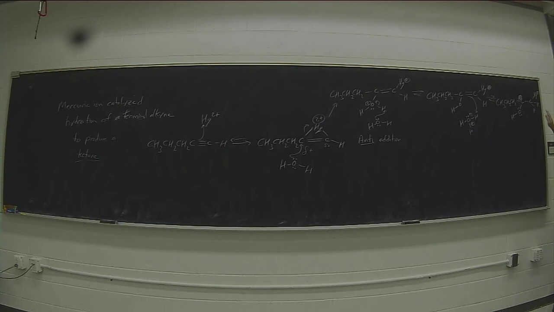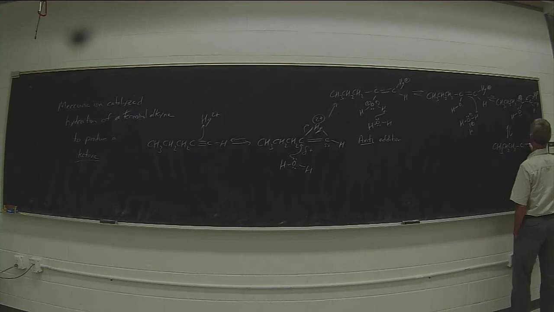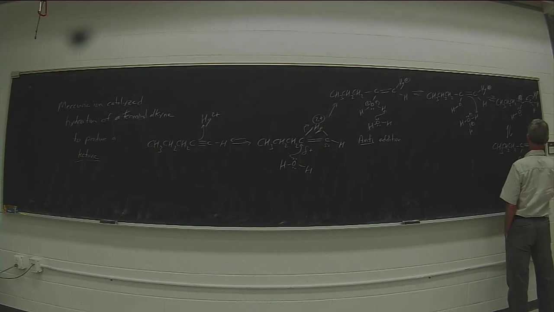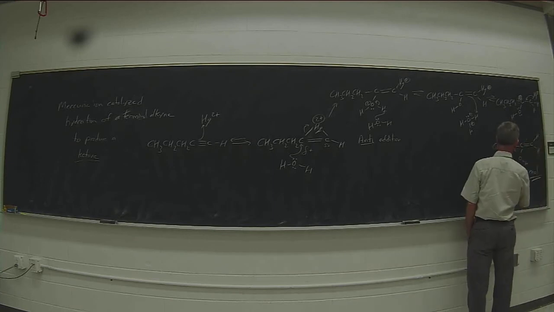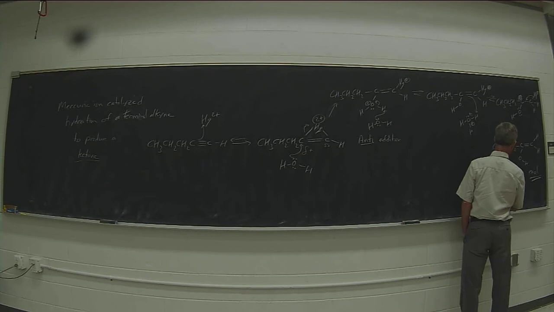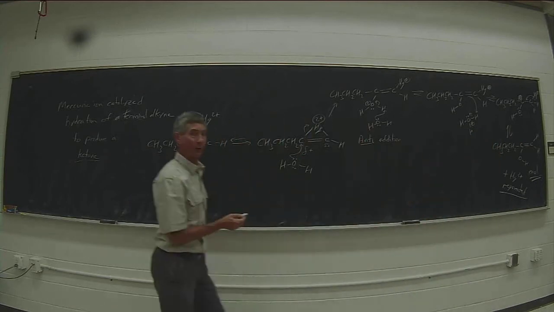And what happens next is the mercuric ion simply falls back off, returning this pair of electrons to the pi bond, to generate an enol and return the mercuric ion.